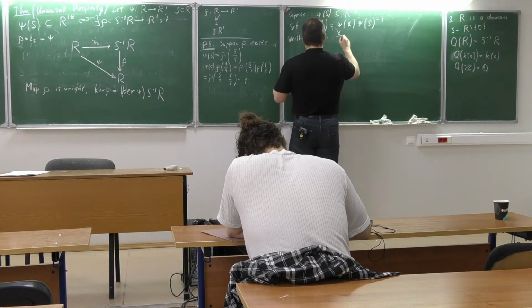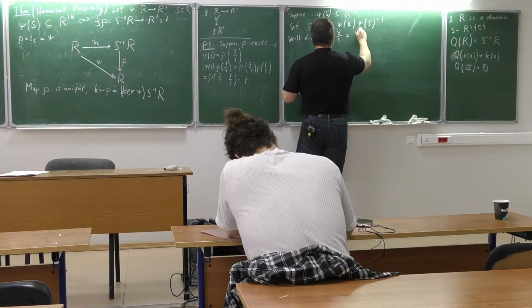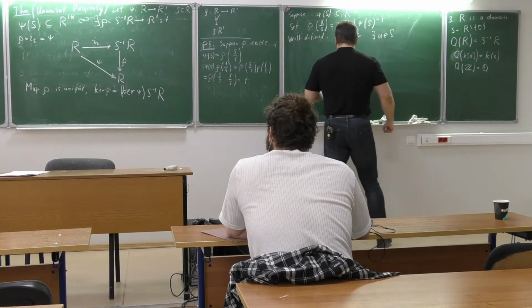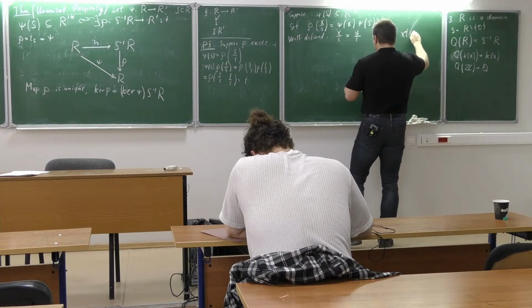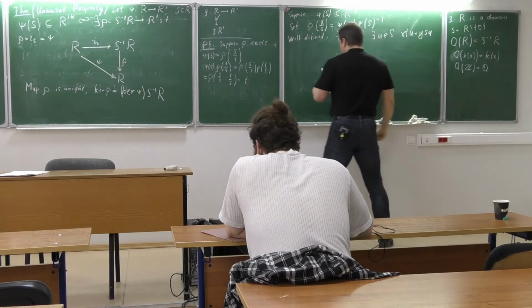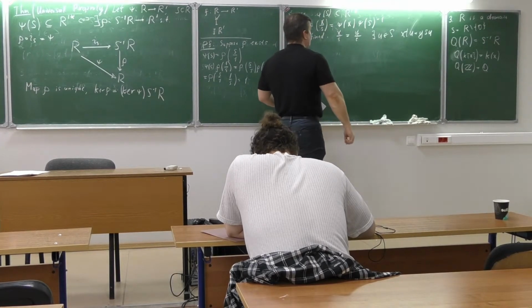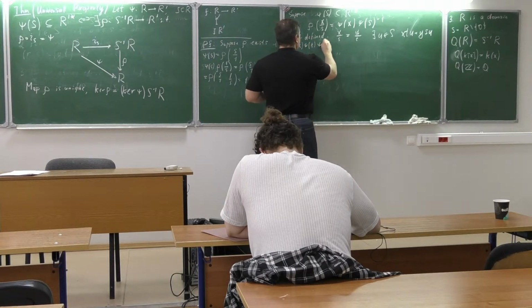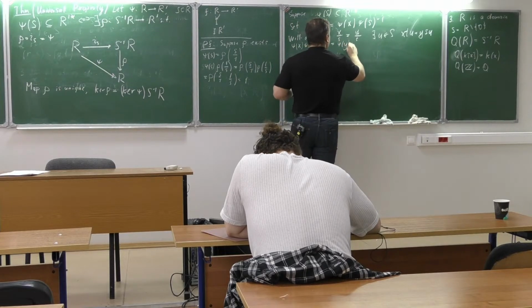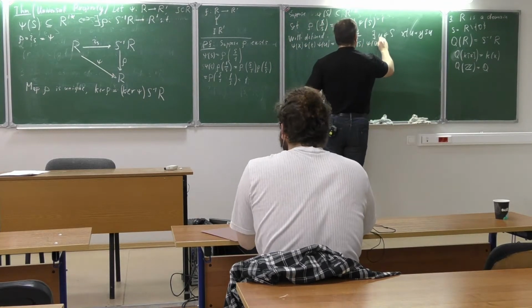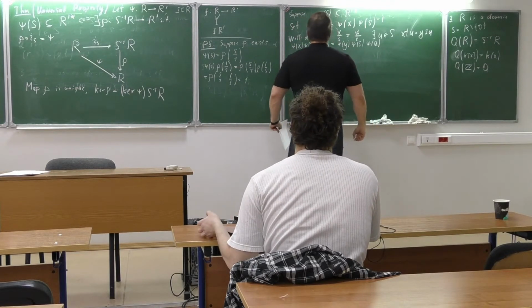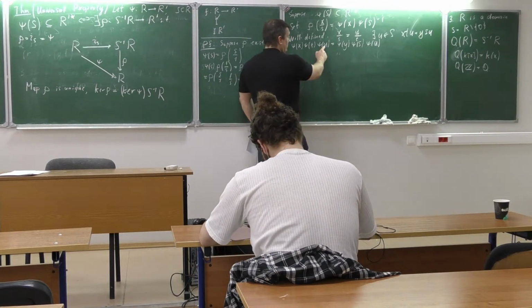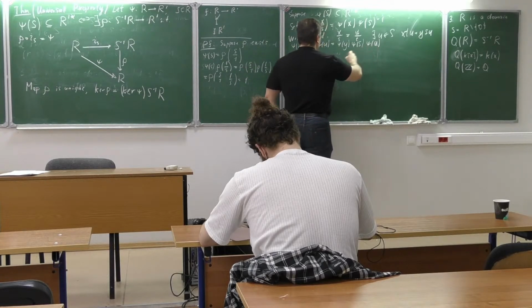Right, if you have x over S is the same as, say, some y over T, this means that there is an element U in S such that x T U is the same as y S U. Now just apply the map psi to this identity, you will get psi of x, psi of T, psi of U, and this will be psi of y, psi of S, psi of U. Now we know that psi maps elements in S to invertible elements, so I can just look at this psi of U on both sides and cancel it.